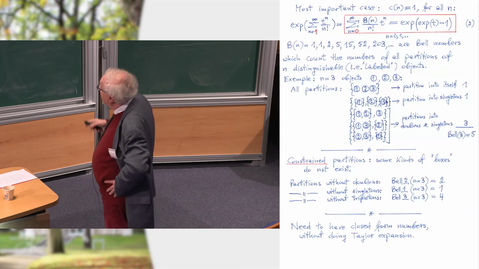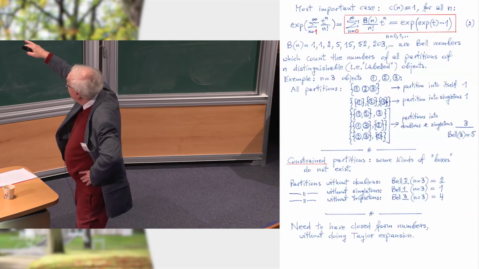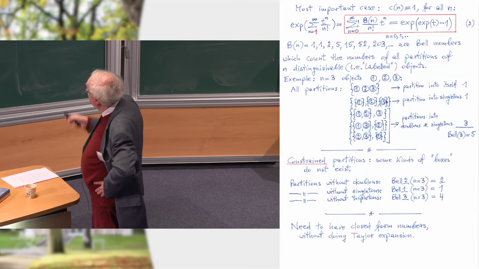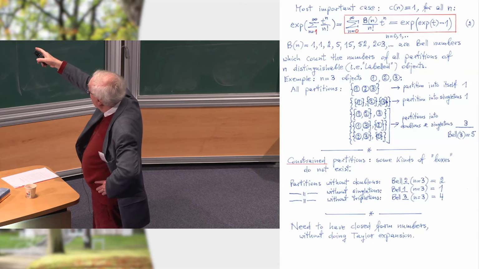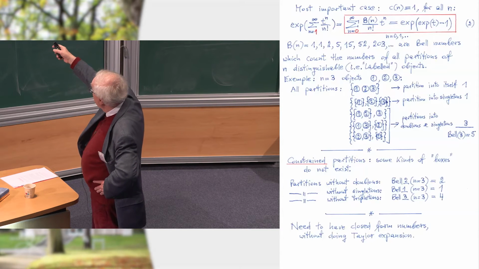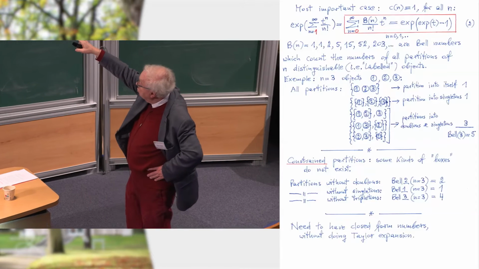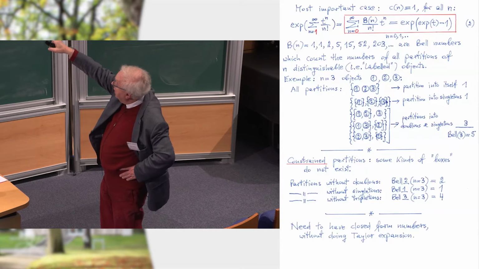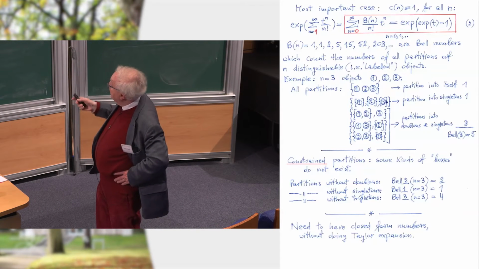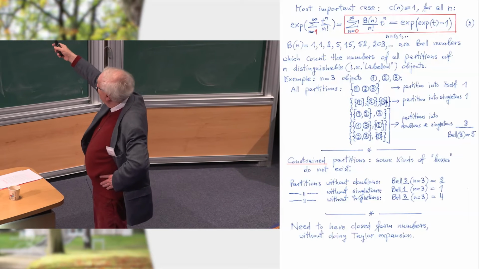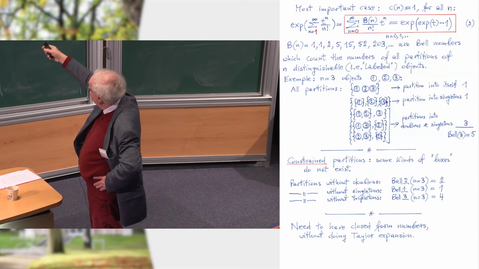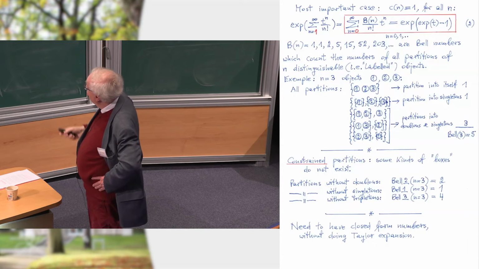So partitions of 3, but without doublons, there are only 2, because there are 3 partitions which contain a pairing, which contains 2. So therefore, the number without doublon is equal to 2.